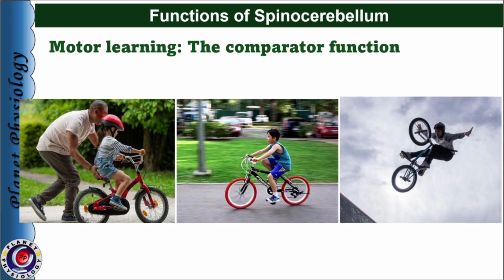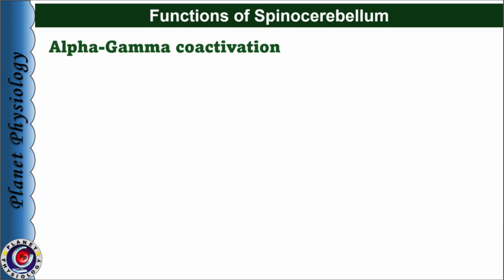Okay, in addition to adjusting turn-on and turn-off signals, the cerebellum also fine-tunes the process called alpha-gamma coactivation. Whenever a voluntary movement is initiated, the cerebellum ensures that not only the muscle fibers contract, but the muscle spindles also stay sensitive throughout the action.